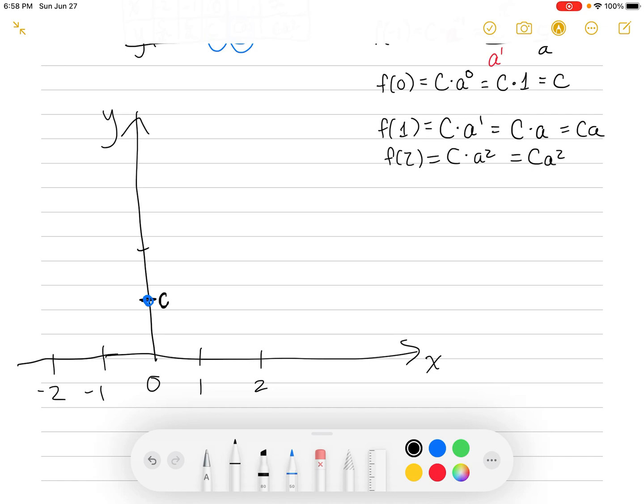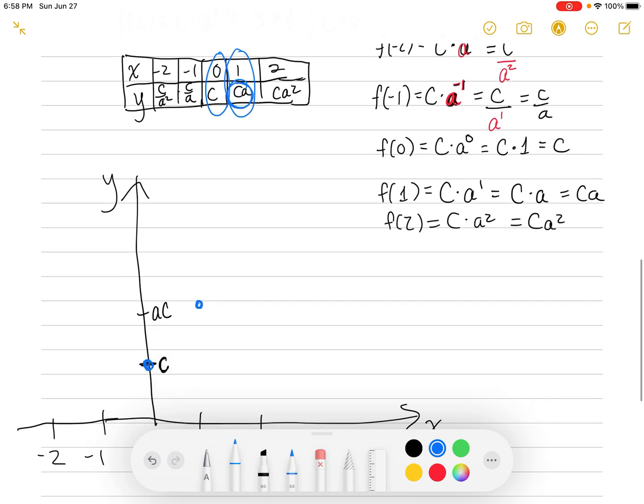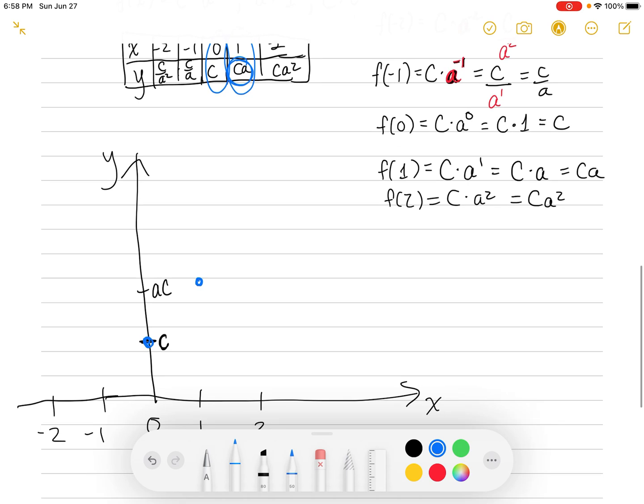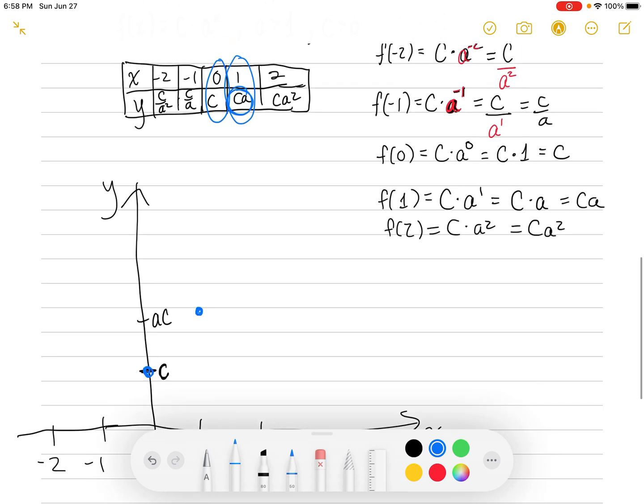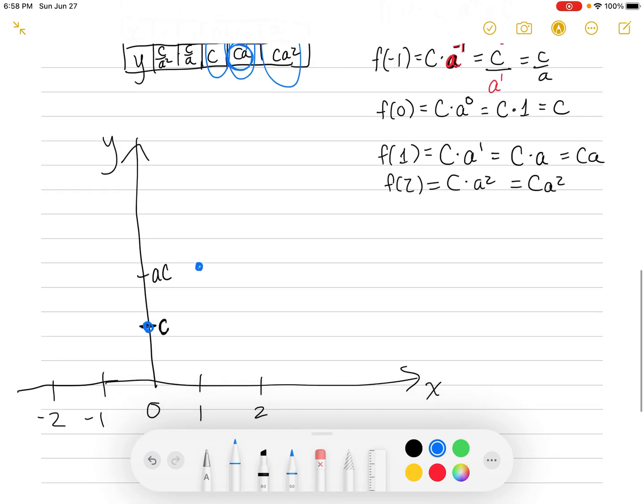Now, if a is bigger than 1, then that's going to make things a lot taller. So we're going to multiply things by a factor of a. So maybe that brings it up here. Let's say this is a times c right here. Things get a lot taller. So there we're at 1, comma ac. And then let's say we plug in 2 and we get ca squared.